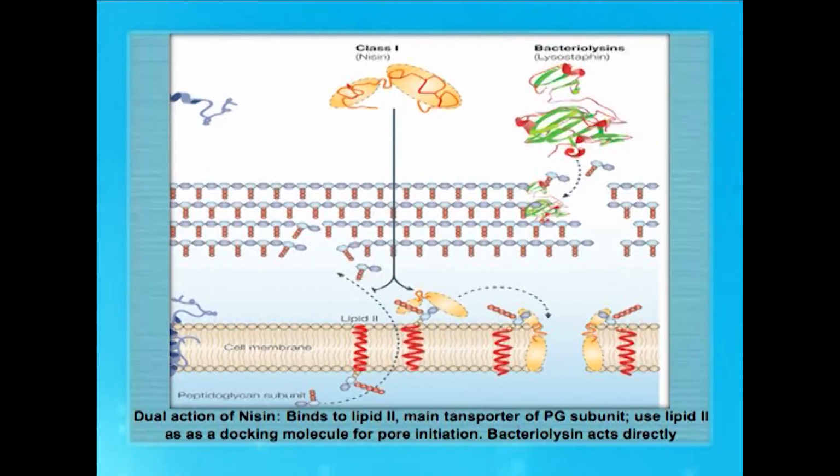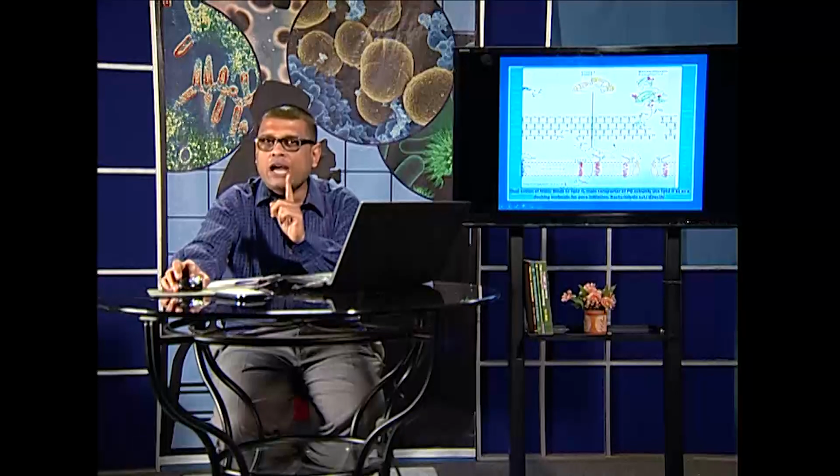And sometimes this bacteriocin can directly penetrate through the membrane of the bacteria and destroy it. So by growing one type of bacteria, you can actually get rid of another type. So we can call it biological control, and this type of phenomenon is helping us in keeping the food bacteria-free for a longer period.